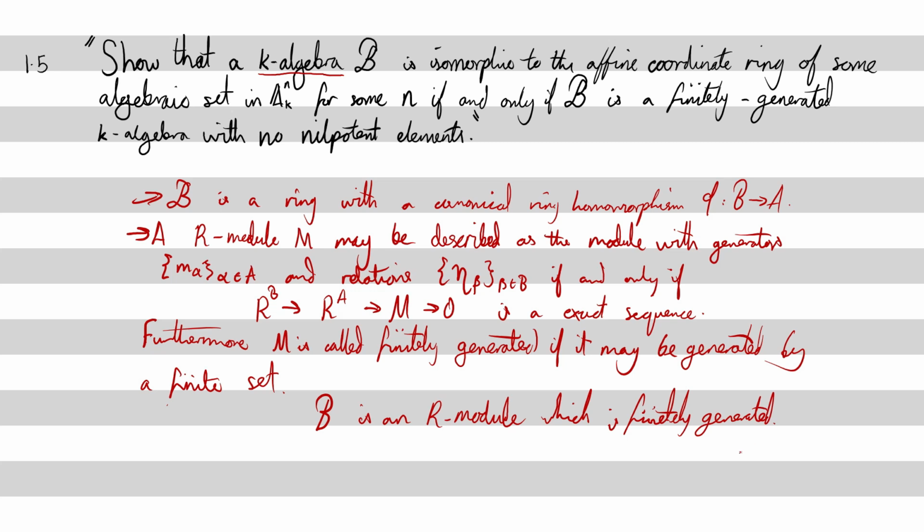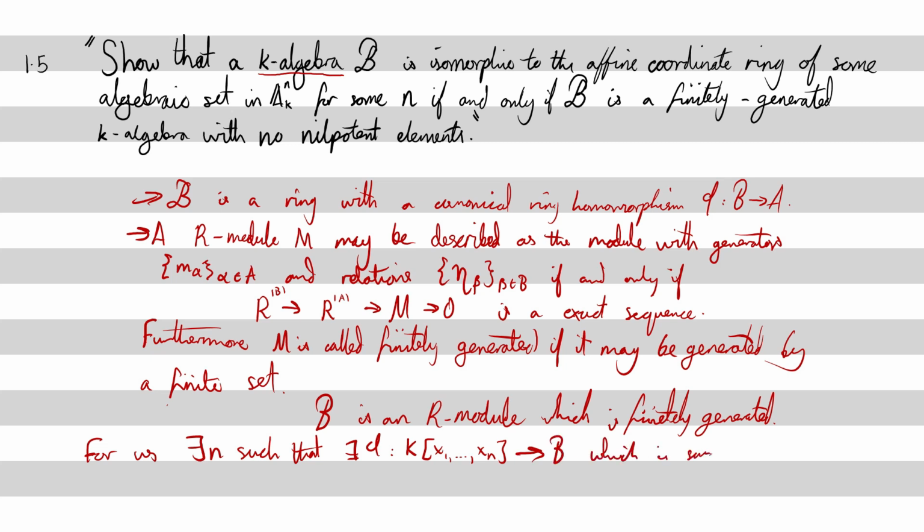What it means for us is there exists an n such that there exists a ring homomorphism from k[x1, ..., xn] into B, which is surjective.